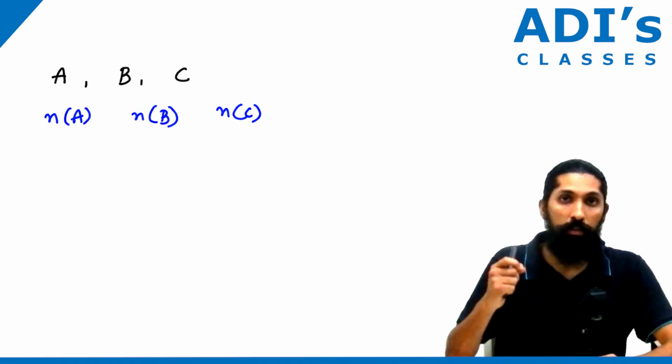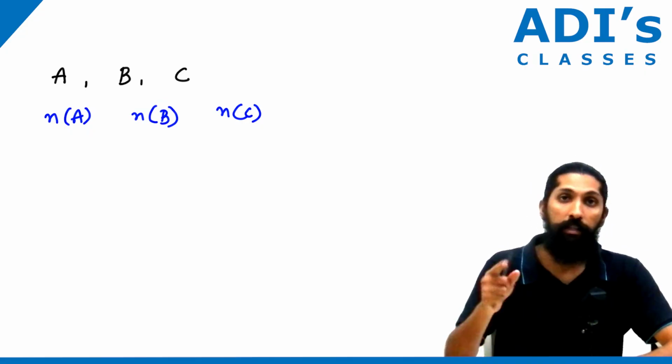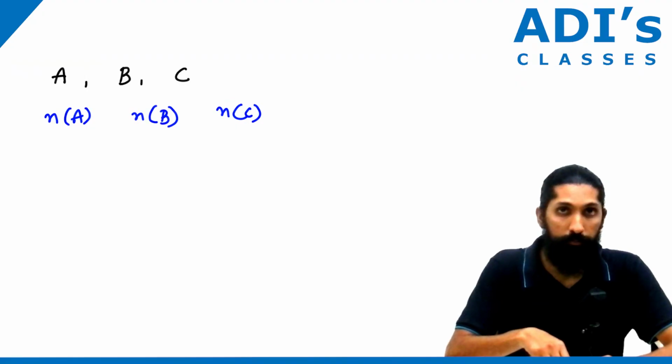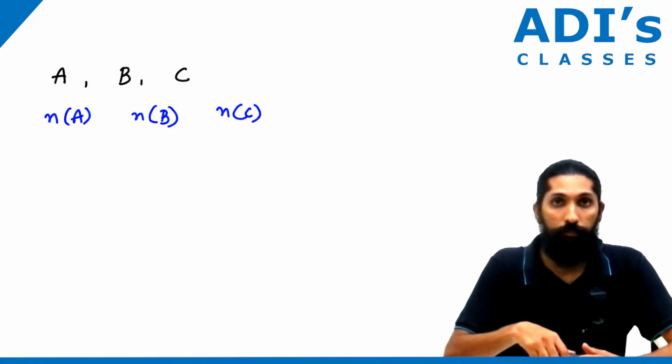Now, the relation between n of A, n of B, n of C and the intersection and the union. Union means how many people there are in total.